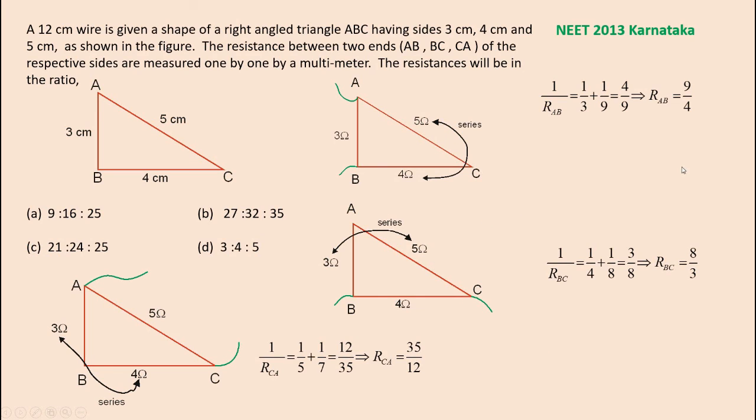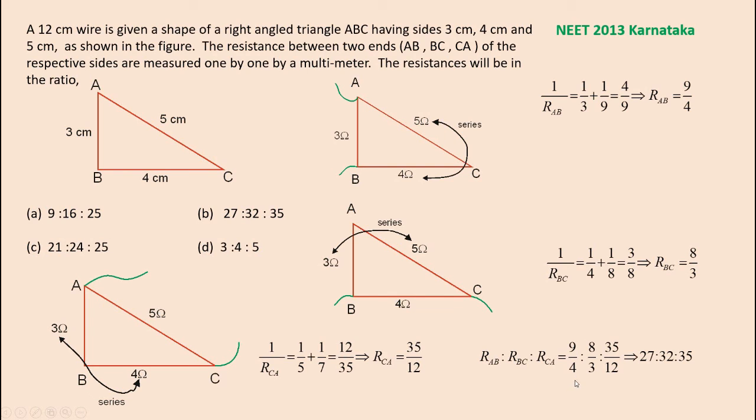Therefore the ratio RAB is to RBC is to RCA will be 9 by 4 is to 8 by 3 is to 35 by 12. Because the question says it will be in the ratio, and we took 3 ohm, 4 ohm, 5 ohm, it can also be 6 ohm, 8 ohm, 10 ohm, so you have to consider the ratio now.